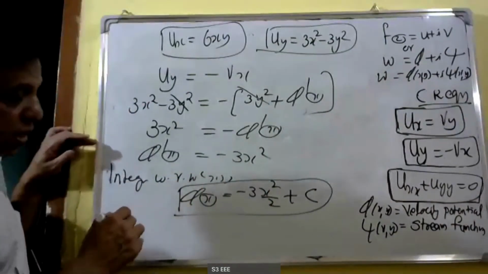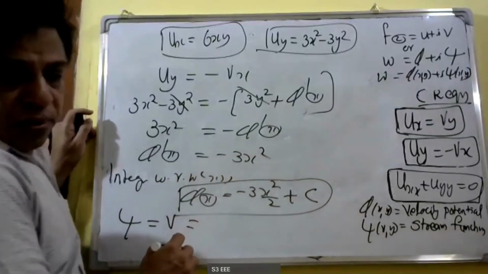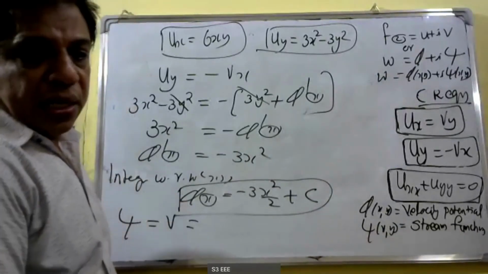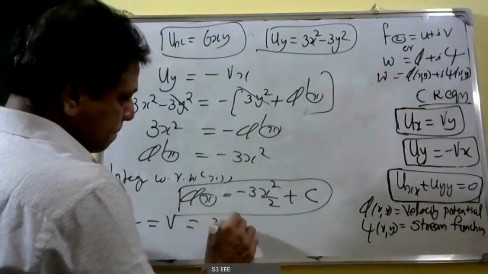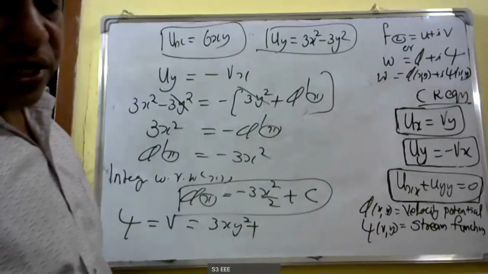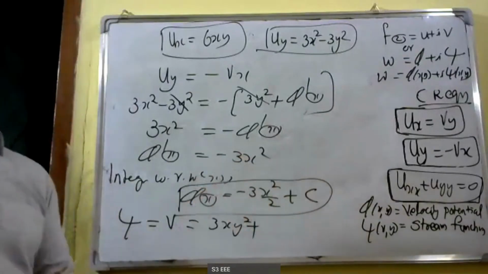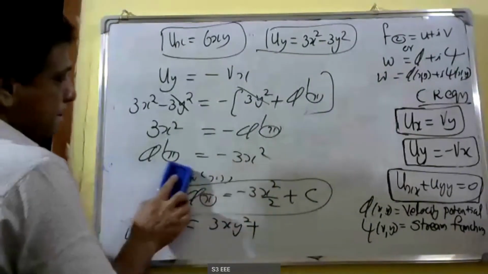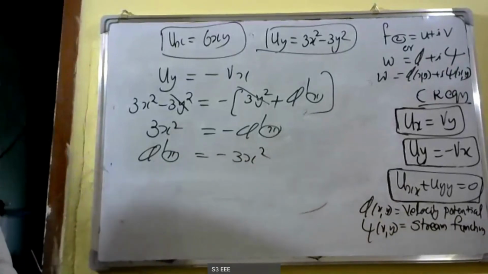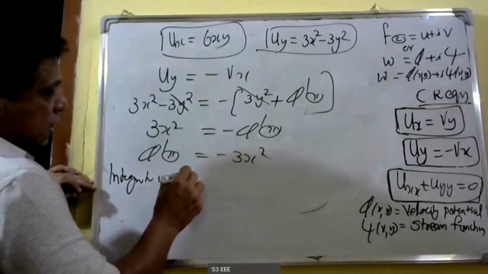Therefore, the stream function psi is equal to v, which is 3xy squared plus phi of x. Here phi dash x is equal to minus 3x squared, and we integrate this with respect to x.